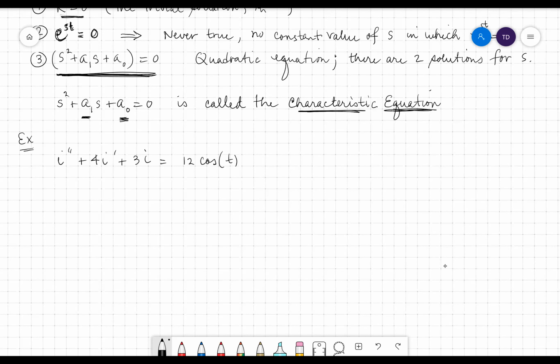So the first thing I want somebody to do is tell me what is the homogeneous equation, even though I don't even need to write this down. What is the homogeneous equation? I know somebody out there knows. I know several of you have taken differential equations.